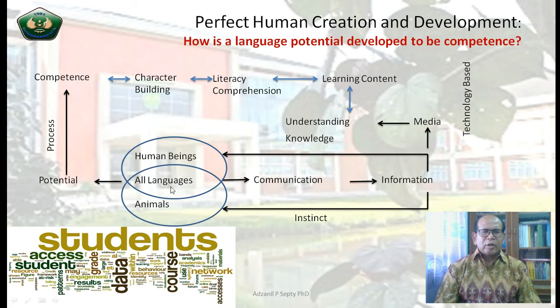The language given to human beings is very important for communication. What is communication for? Communication is for getting information. And by information, we develop knowledge and understanding as well. To make the information easily understood, we need tools which are called media. And in the technology era, we will need technology-based media. So that's the point of your lesson today.